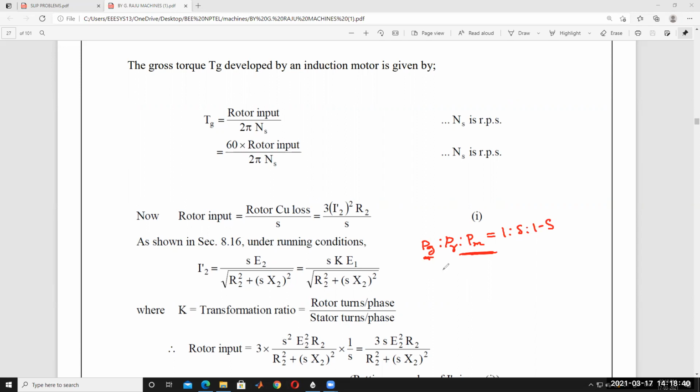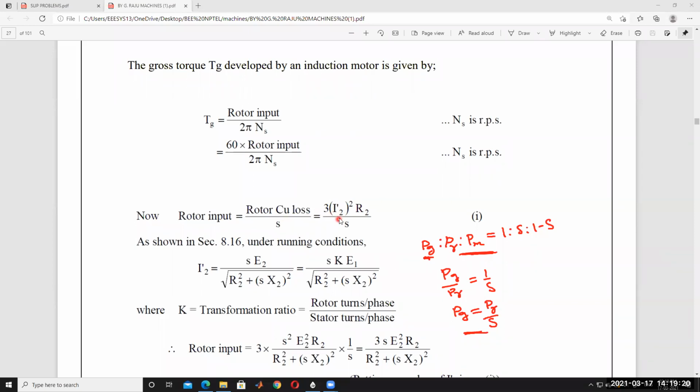So rotor input per rotor copper loss, PG divided by PR, is equal to 1 by S. Then rotor input, PG, is equal to rotor copper loss PR divided by S. Both expressions are the same. Rotor input is nothing but air gap power. Air gap power is equal to rotor copper loss by slip.